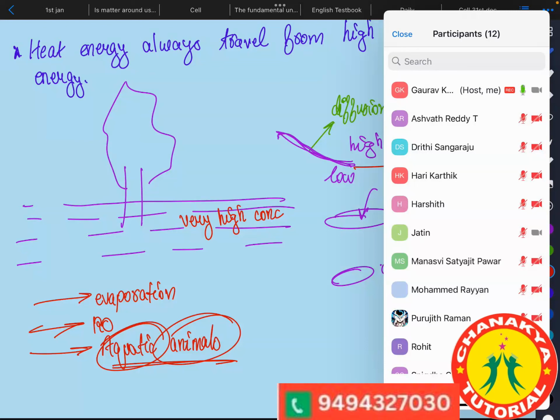Why? Because those animals have evolved so that they are able to sustain that much high pressure. But we won't be able to sustain that much pressure, because when we go to a certain level, the pressure of the water above us is so high that we will burst out.